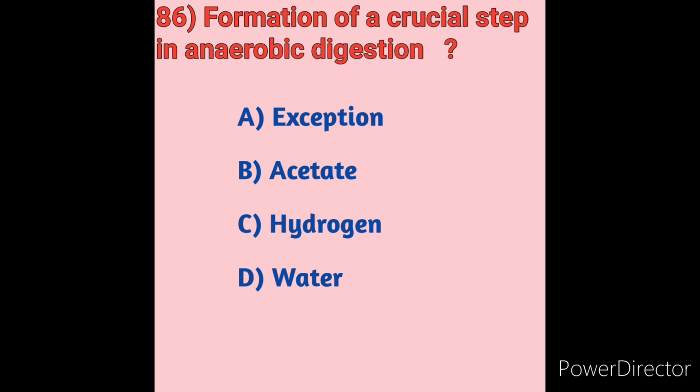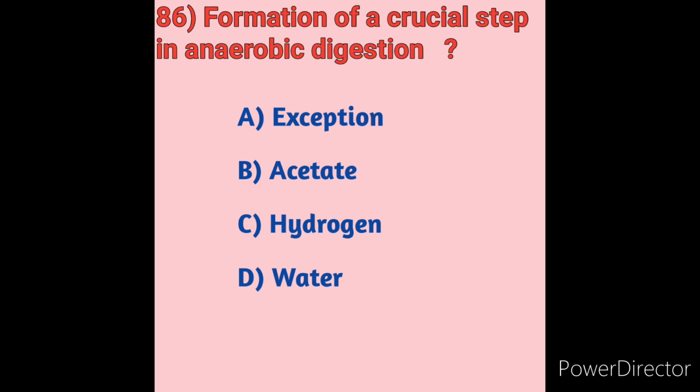We will see here the options. Option A exception, option B acetate, option C hydrogen, option D water. What is anaerobic digestion? Anaerobic digestion is a beneficial technology to treat wastewater, sludge, and bio-waste for the production of renewable energy in the form of methane.